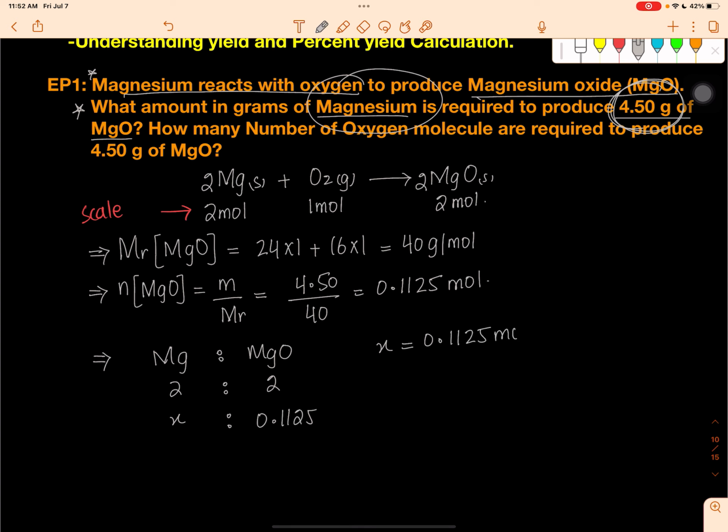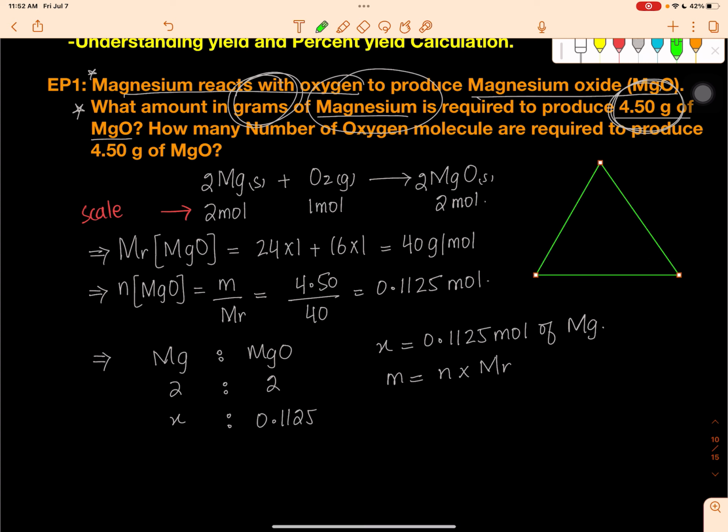0.1125 moles, which is the number of moles of magnesium. Since they want the answer in grams, we must convert these moles into grams, and for that, mass equals number of moles cross MR. All this information is coming from this triangle.